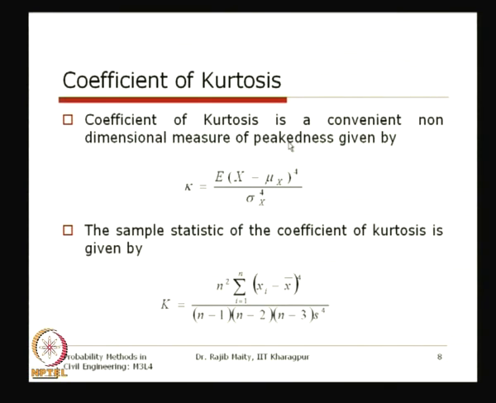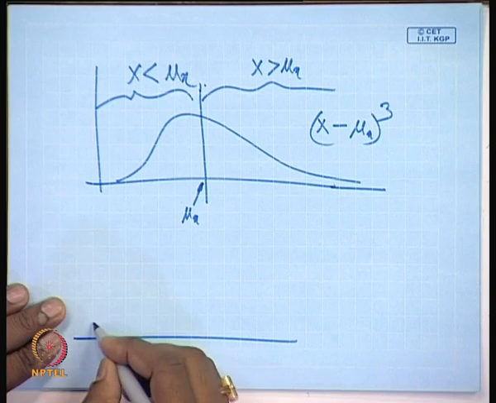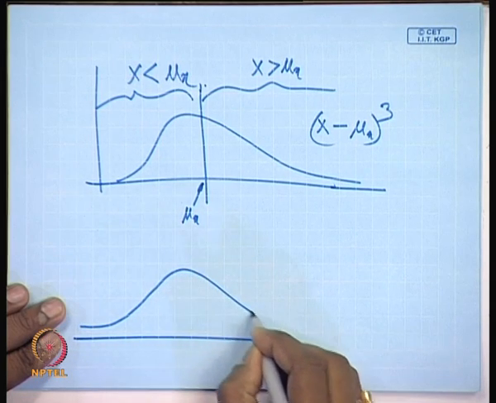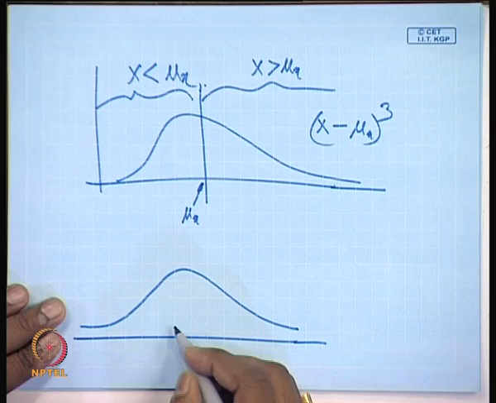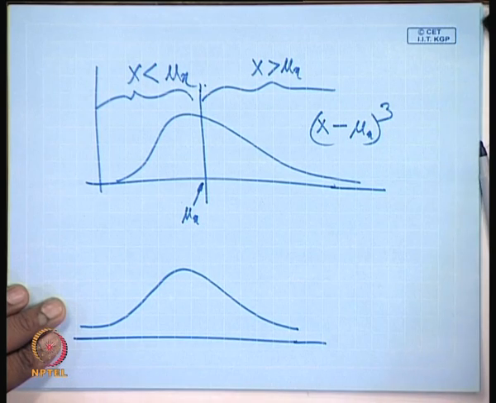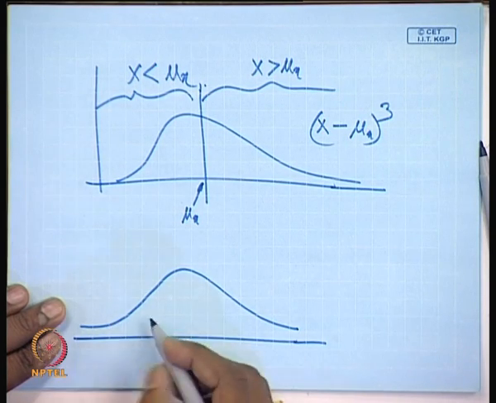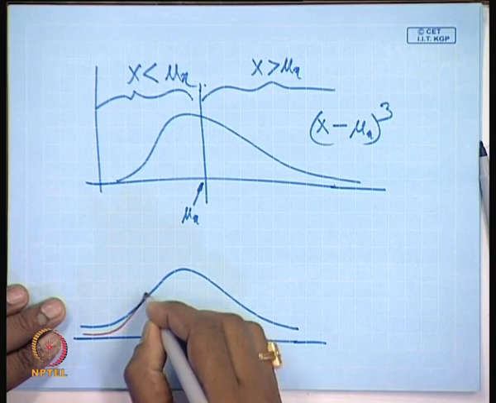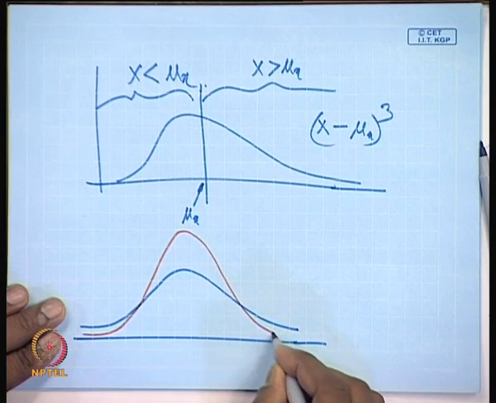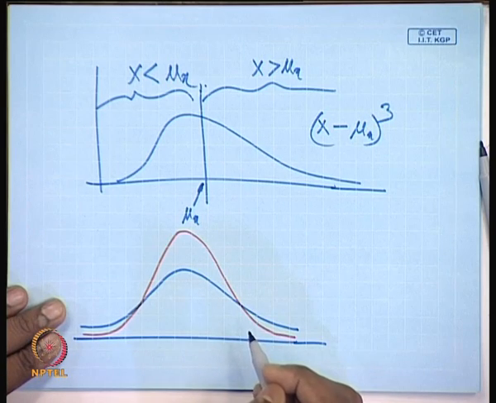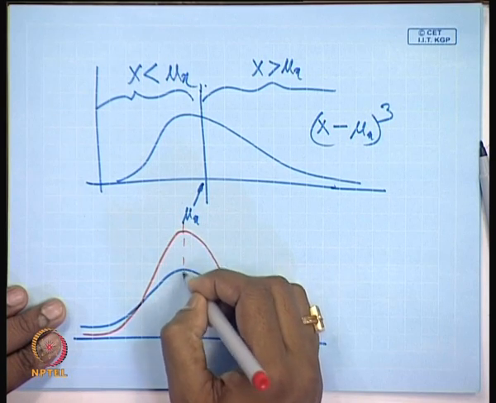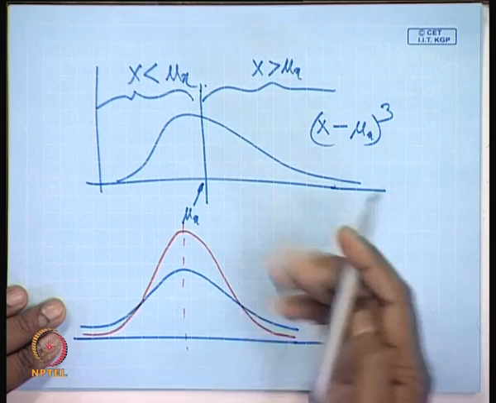Now this measure of peakedness means how that particular peak of this PDF looks like. If you can see the difference between, say, this is one, so this is also a symmetric distribution, and if I draw another one, this is also another symmetric distribution, and their means are also the same.